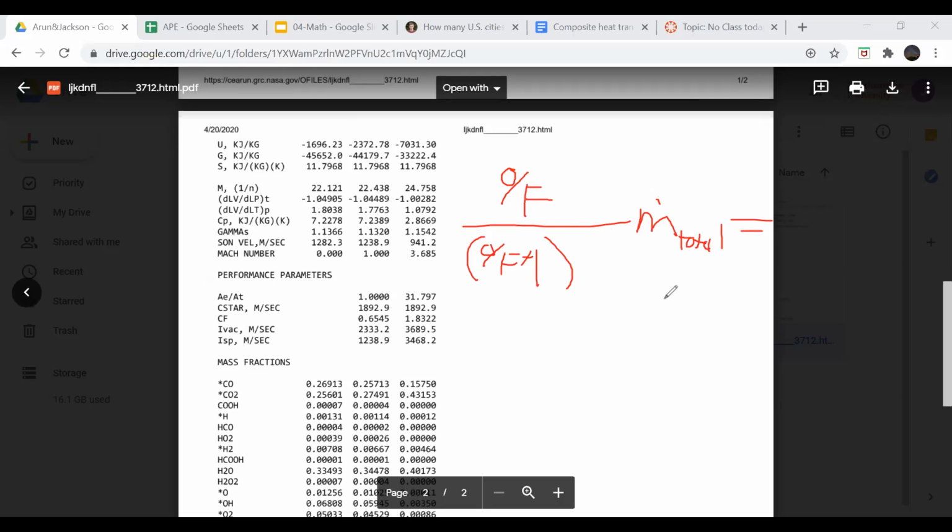And that gives you your mass flow rate of oxidizer. Pretend I finished writing that word. That can be kind of confusing.